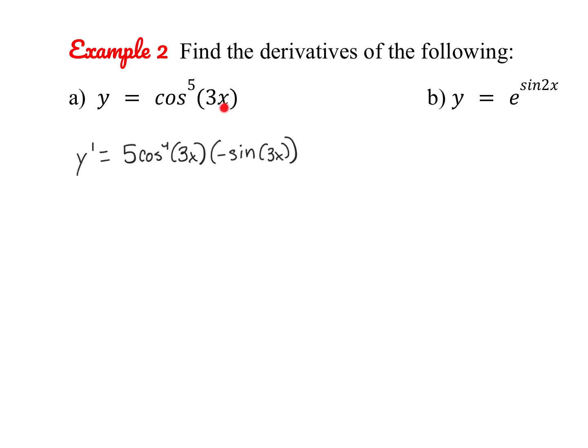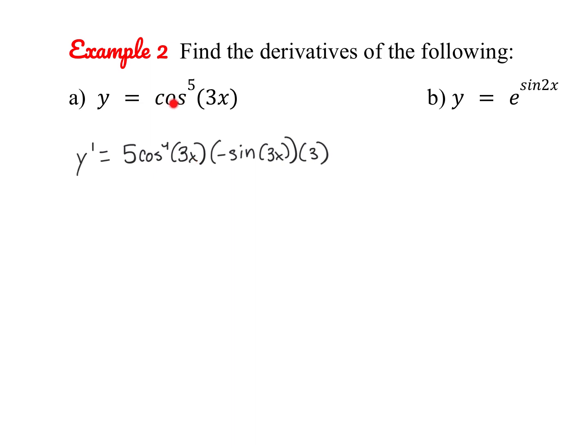But then we need to keep working our way in until we've made it all the way in. So our last portion, the most inner portion, is that linear function, the 3x. Now we need to do the derivative of this one, and the derivative of 3x is just 3. So again, first we did power rule, that was the 5 cosine to the power of 4. Notice that we left the cosine in the 3x.